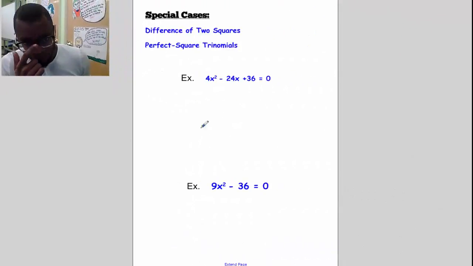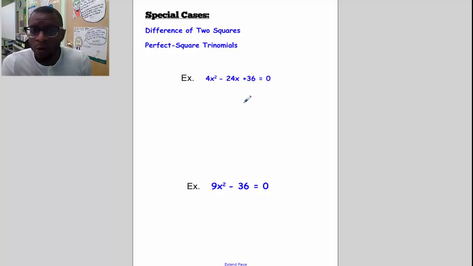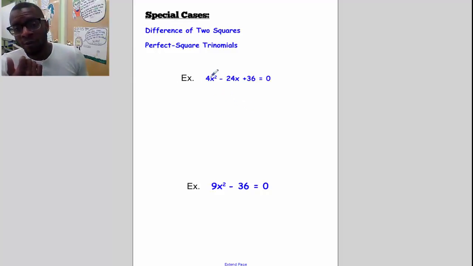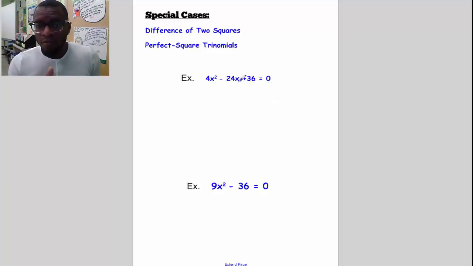Another example. Now let's look at our special cases. Remember, our special cases are if we have a difference of two squares or perfect square trinomials. First, we want to look at 4x squared minus 24x plus 36 equal to 0. Here we already have our right side equal to 0, so we're going to pull out our GCF.